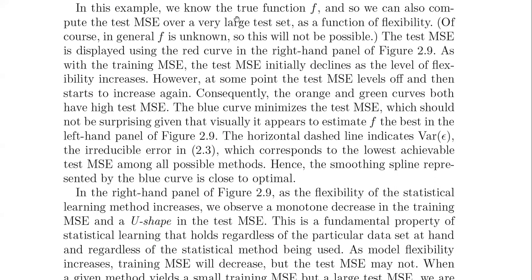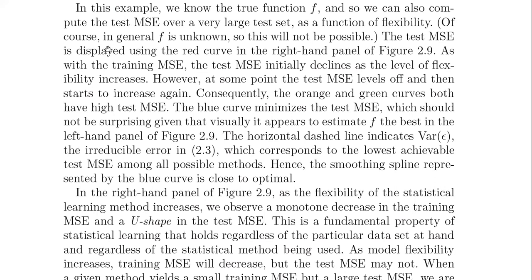This is what we mean by a very large test set. We don't need to send out surveys. We don't need to interview people. We can just create the data ourselves based on f and the error term. Of course, in general, f is unknown. This is what we've just said, so this would not be possible.